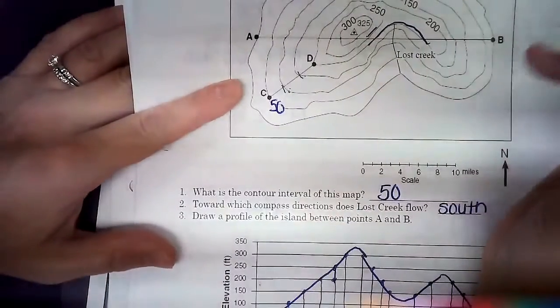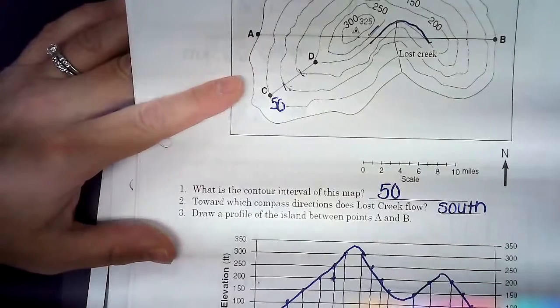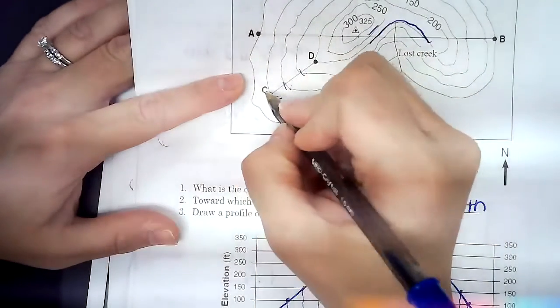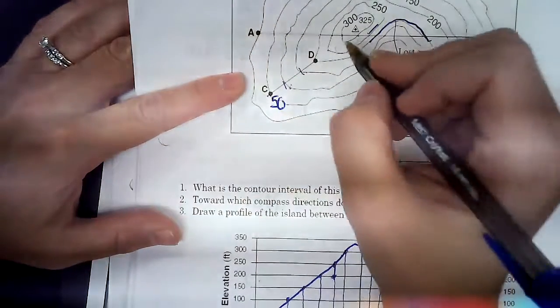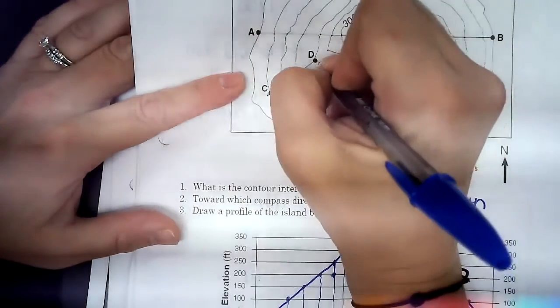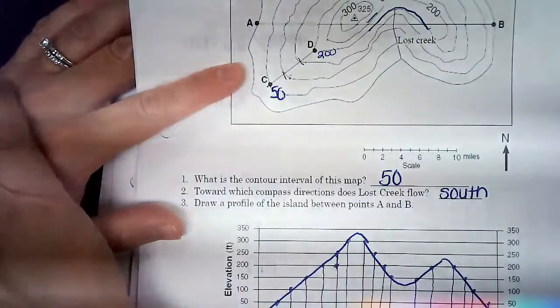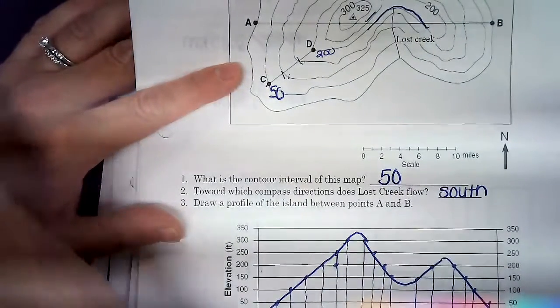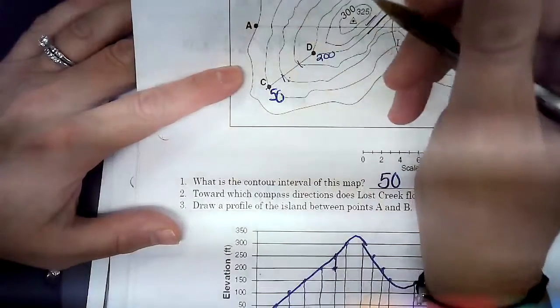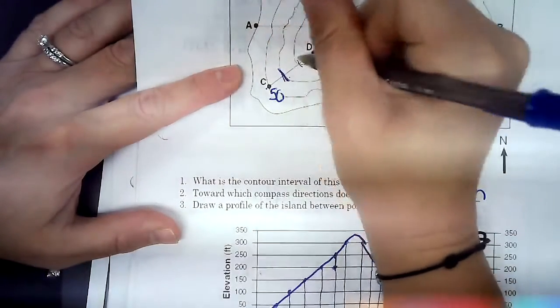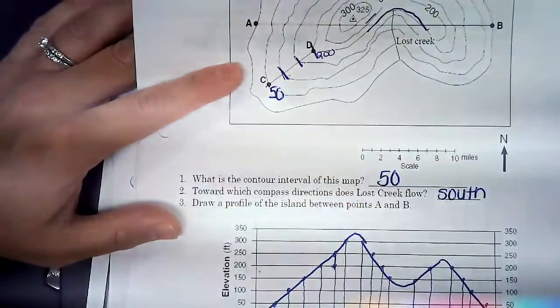So the difference between C and D, again, you could have done it one of two ways. You can see that C is at 50, and you could see that D is at 200. So you know the difference is 150, or if you counted by 50s, because you knew the lines went up by 50. 50, 100, 150. Either way works for me.